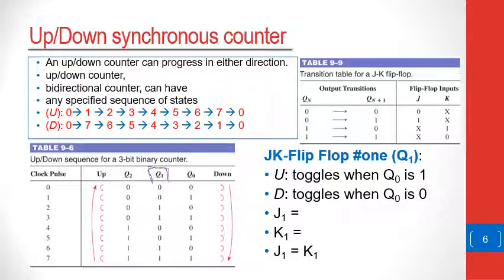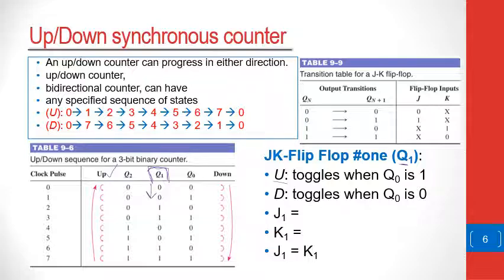So for JK flip-flop number 2, these are the observations that we'll make. We observe that when we are in the direction of an up count, Q1 changes only when Q0 is 1. So let's look at Q1 in this direction.